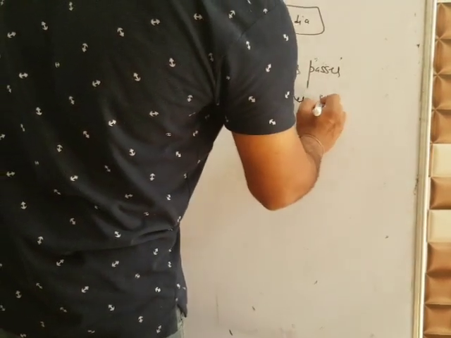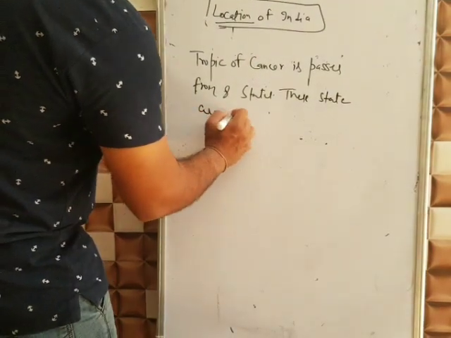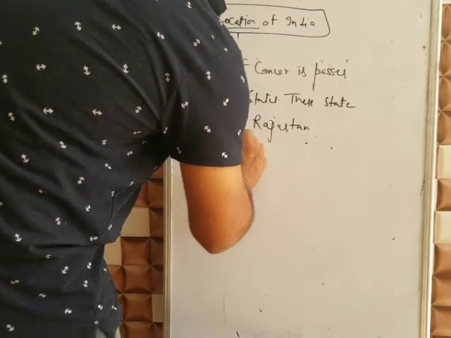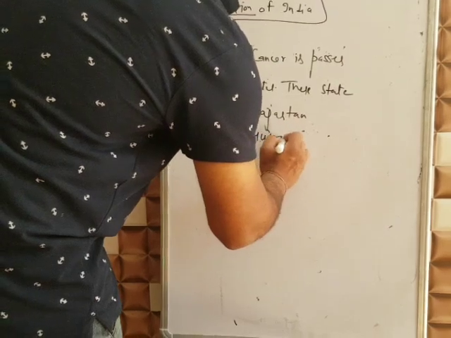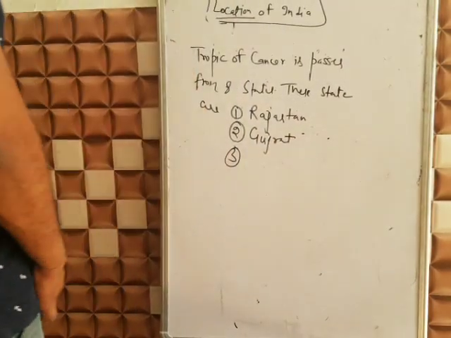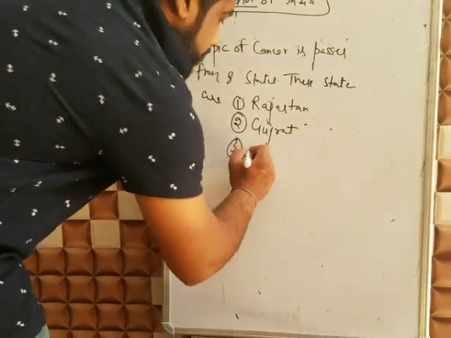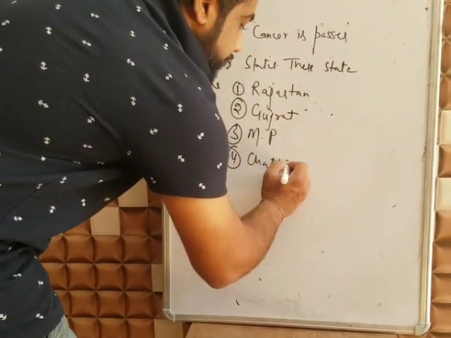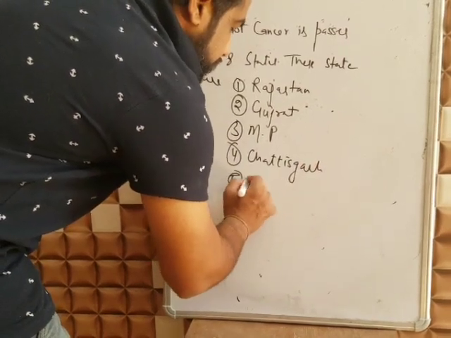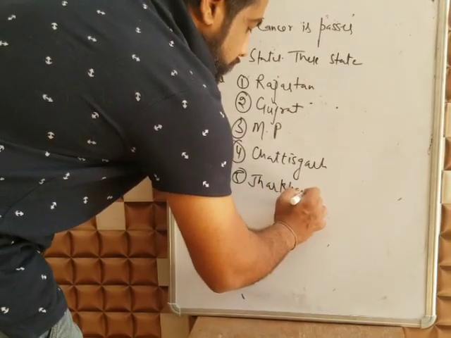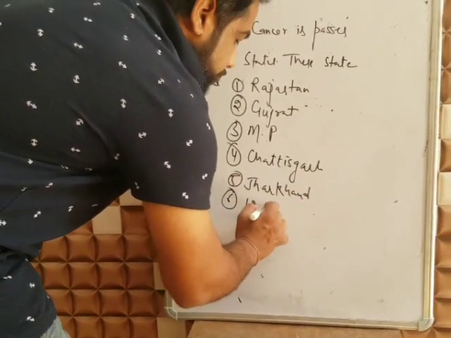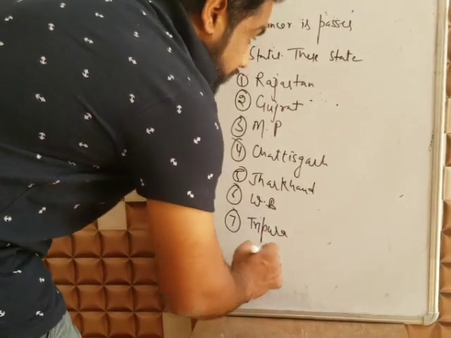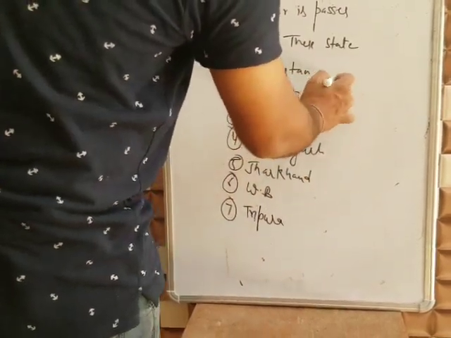These states are: first, Rajasthan; second, Gujarat; third, Madhya Pradesh; fourth, Chhattisgarh; fifth, Jharkhand; sixth, West Bengal; seventh, Tripura; and eighth, Mizoram.